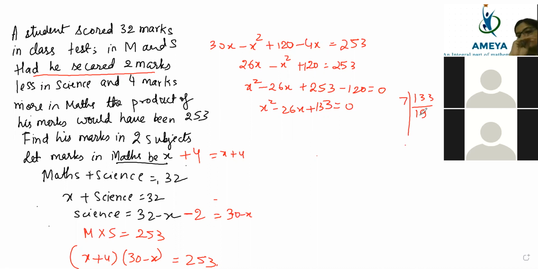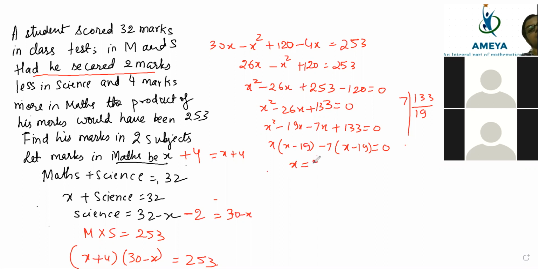And 19 into 7 is going to give you 133, and the sum is 26. So Saranya, you're absolutely correct, beta. One time x is 7, one time x is 19.